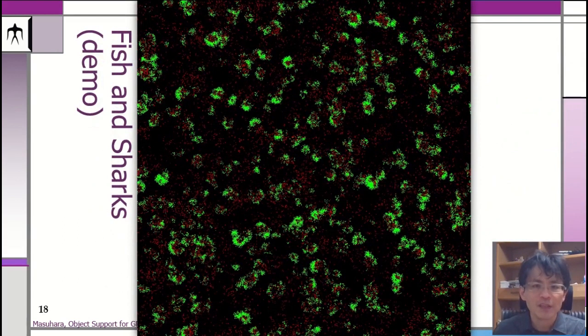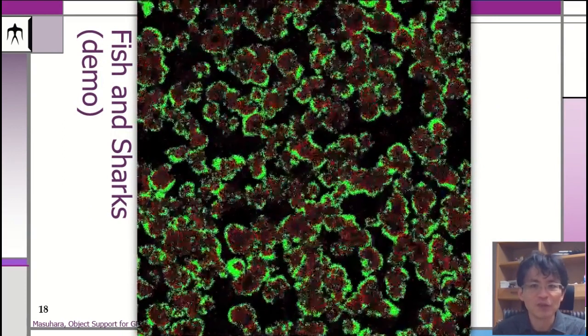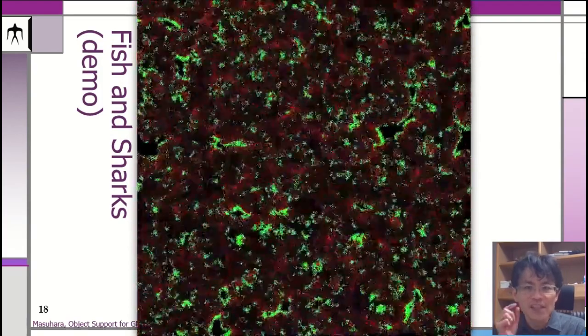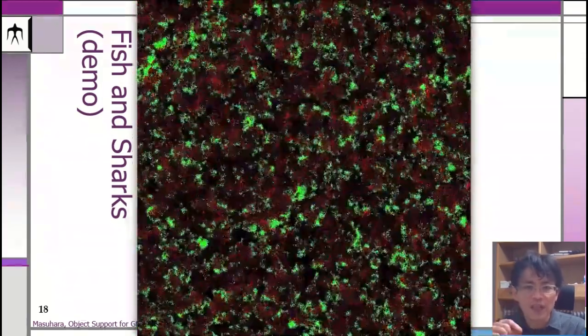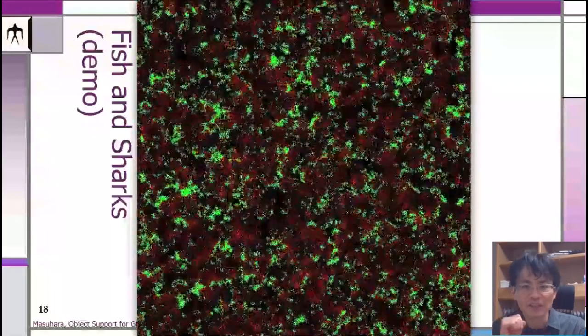The next application is an agent simulation called Fish and Sharks. This screen represents a big ocean divided into small areas. In each area, there can be a fish or shark, shown as green and red dots.